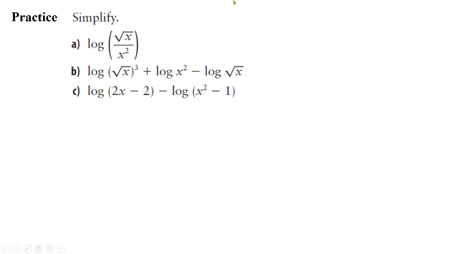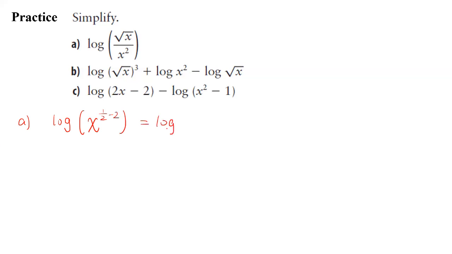All right, so let's have a look at the solutions. First of all, log base 10 of square root of x over x squared. This is actually log of x raised to the power of 1/2 minus 2, right?